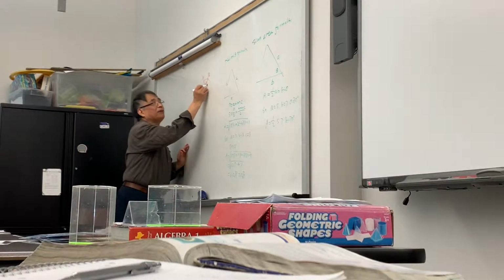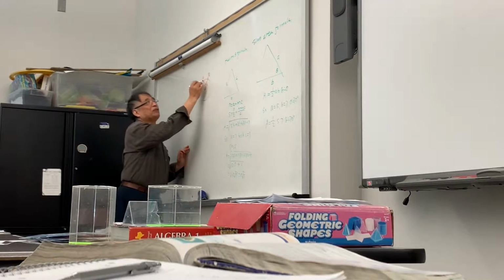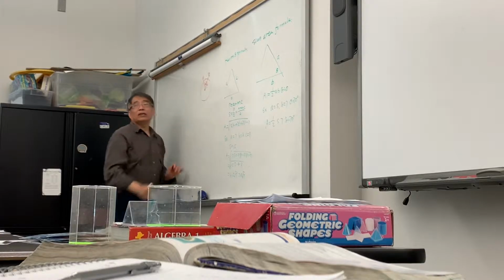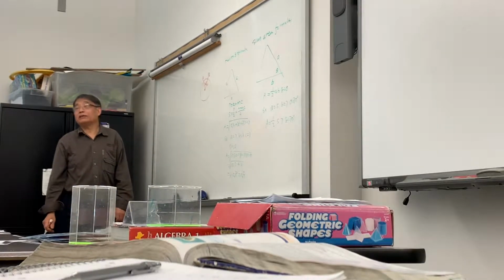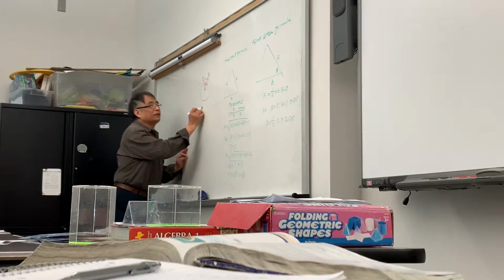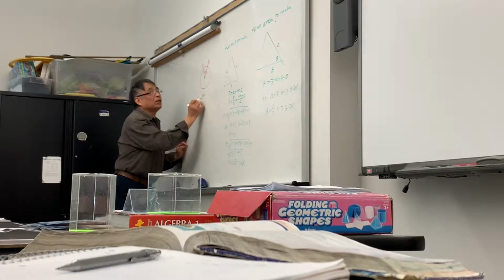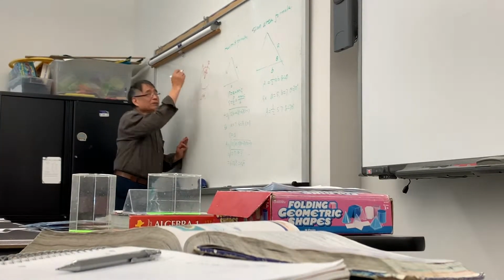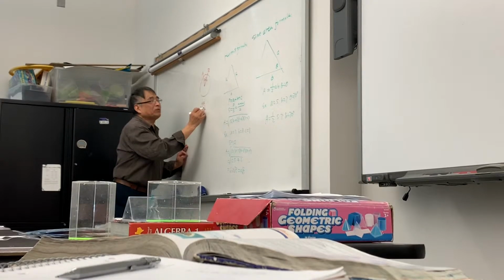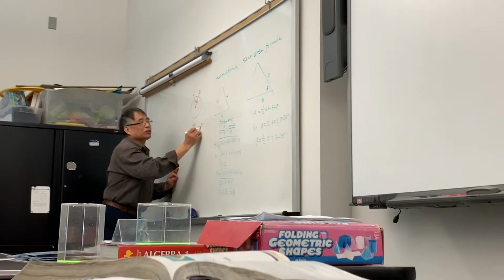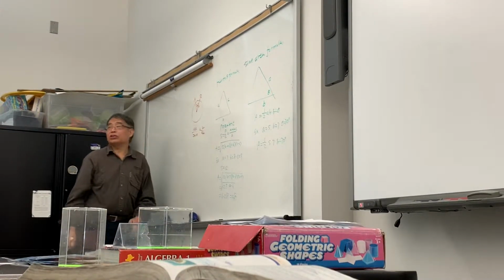R equals 5. You can find the arc length. So the arc AB length over the whole length, 2 pi times 5, equals 30 over 360.